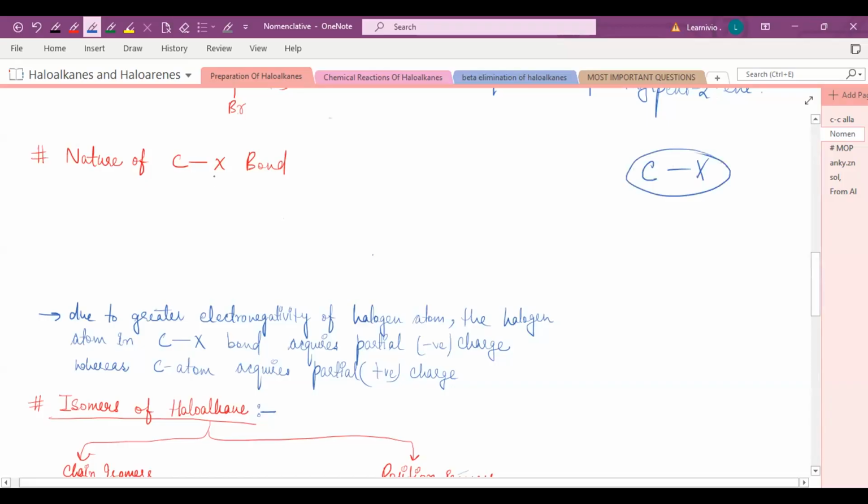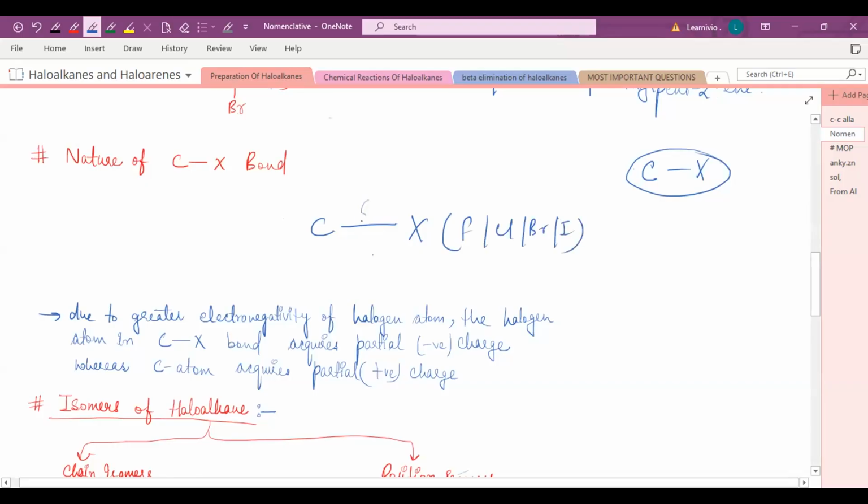You can see there is a large electronegativity difference between the halogen and the carbon, because halogens are the most electronegative elements. We are talking about fluorine, chlorine, bromine, or iodine.